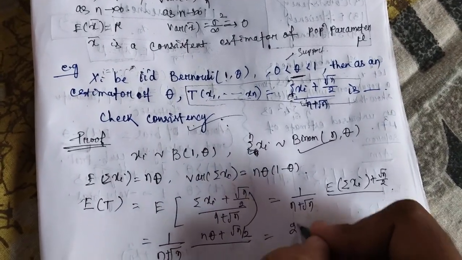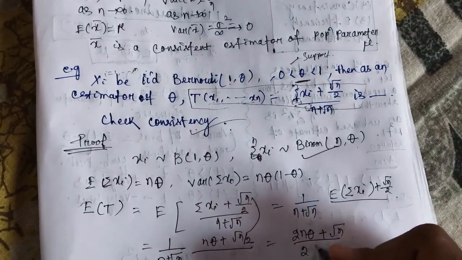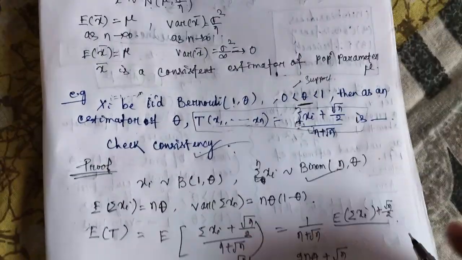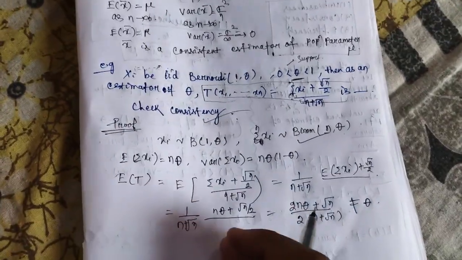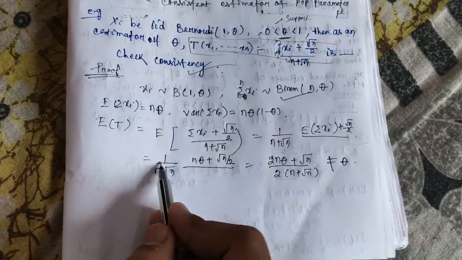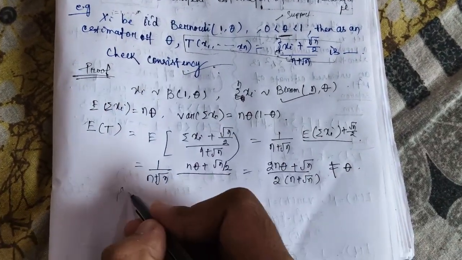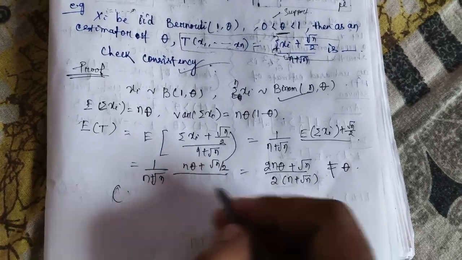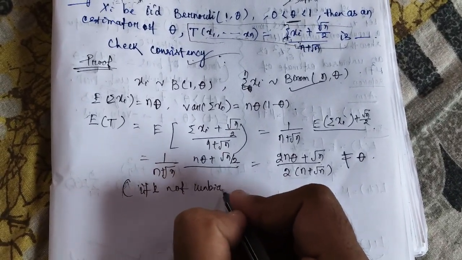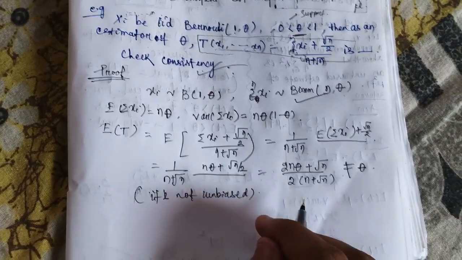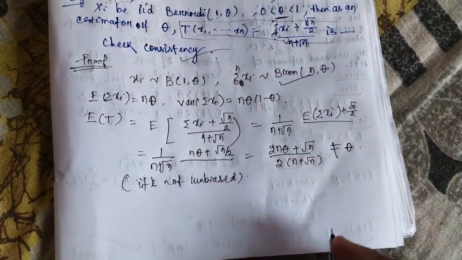If I solve this, it becomes (2n theta plus root n) divided by (2n plus 2 root n). So this will not be equal to theta. This is not unbiased, we can say. Here we are not asked to check unbiasedness, but we can write that it's not unbiased.